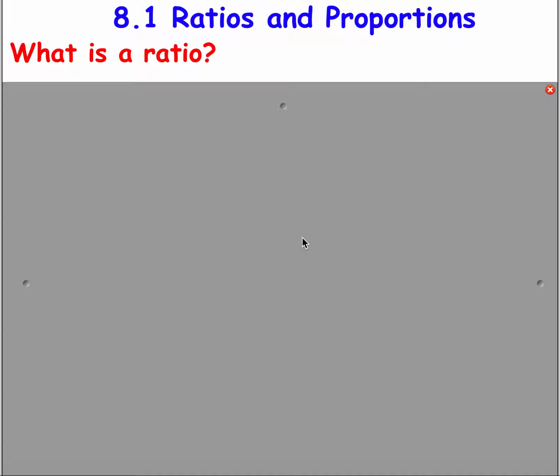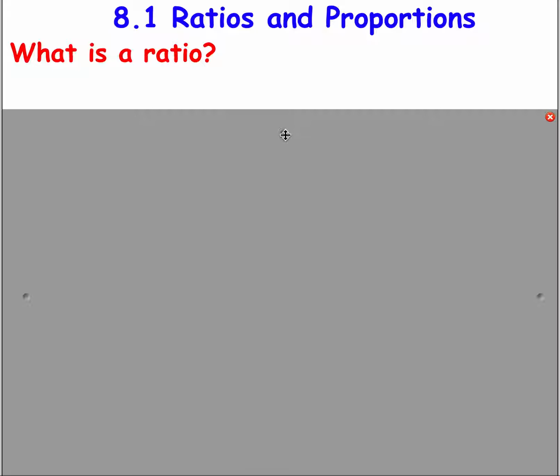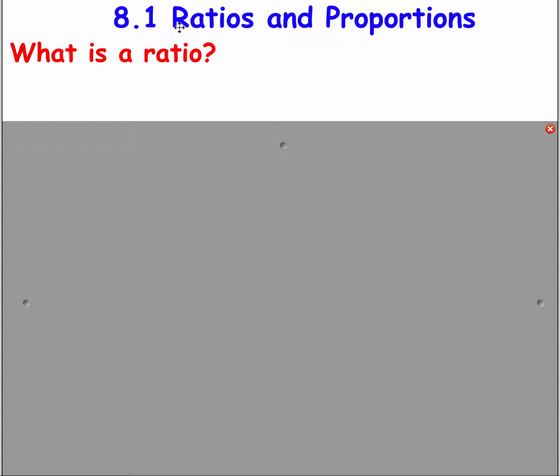But it begs the question, what really is a ratio? It's probably a word that you've heard or maybe even used, but what is it? So we're going to define this first before we move on.